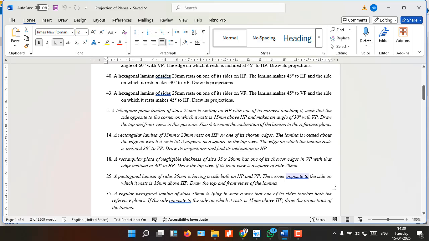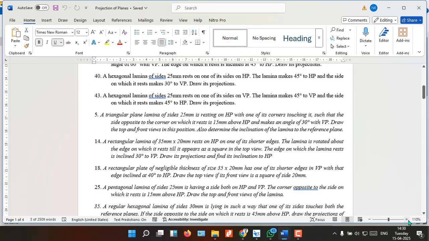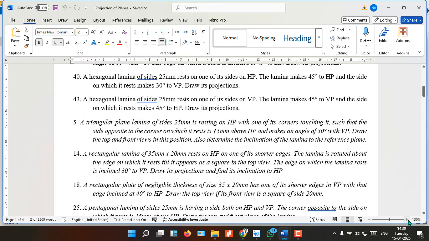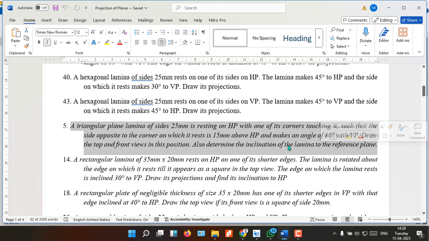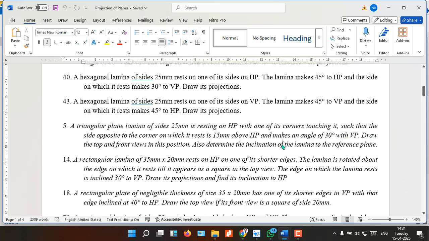And whenever we come across problems with respect to planes, as we have already told in previous videos, the very first thing is to read the problem carefully from start to end. Then we need to understand where exactly the plane is resting, what is inclined to that respective plane, and what is inclined to the other respective plane.